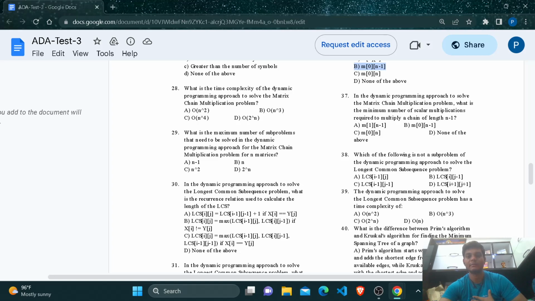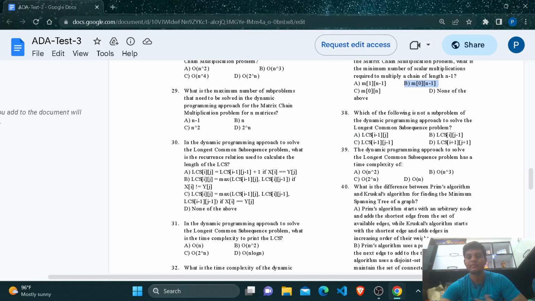What is the minimum number of scalar multiplications required to multiply a chain of length n minus 1? So yeah, its answer is option B, same as previous one. 38th question is which of the following is not a subproblem of the dynamic programming approach to solve the longest common subsequence problem? So here are the 4 options and its correct option is option D.